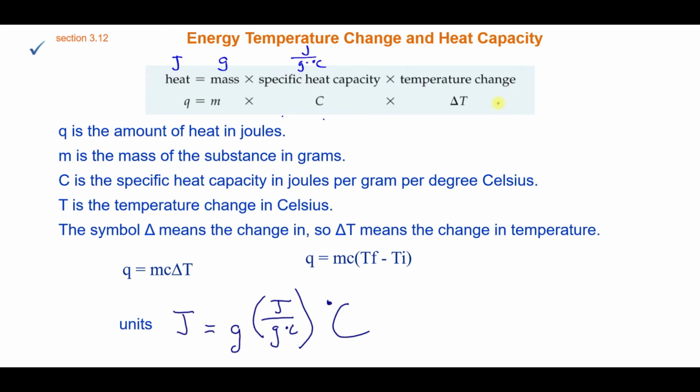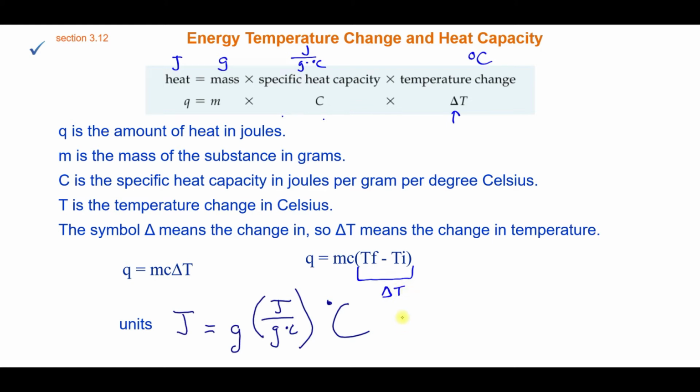And temperature change, this symbol means change, and temperature change is change in temperature, delta T, and that's going to be in degrees Celsius.